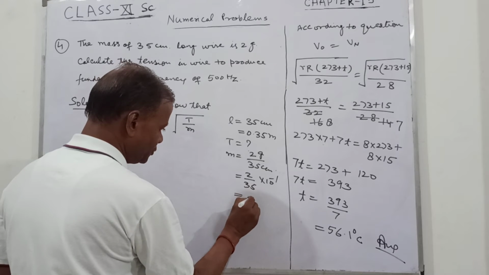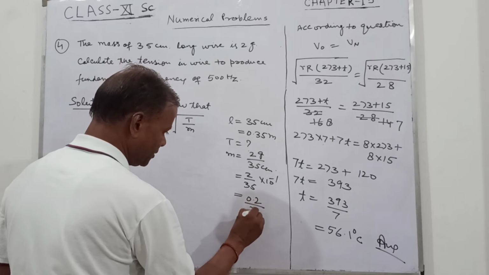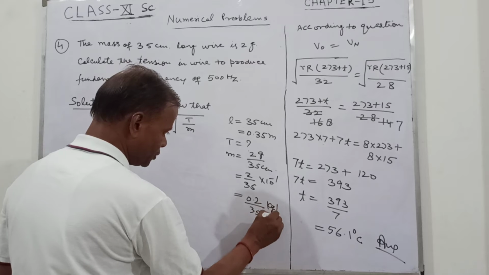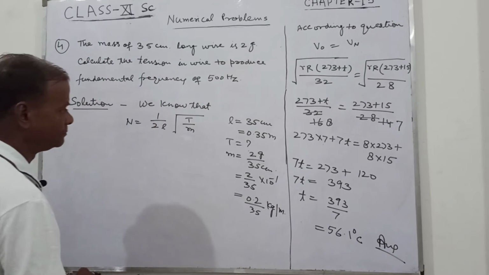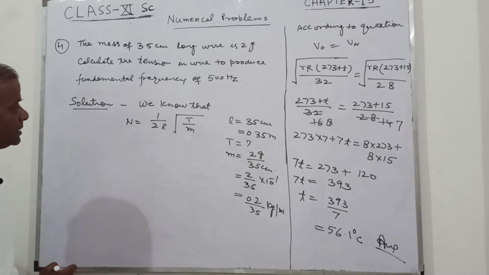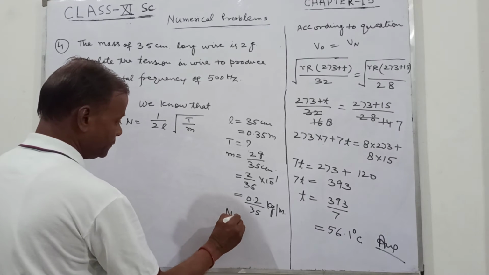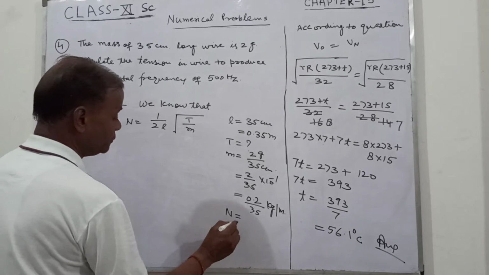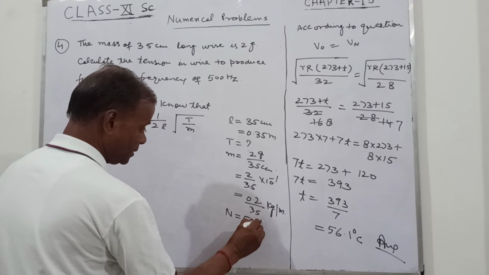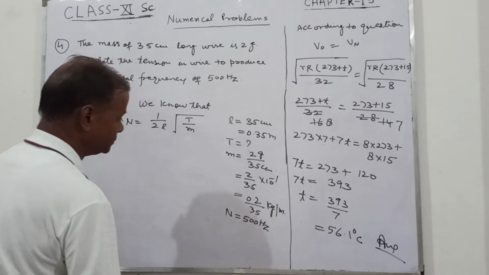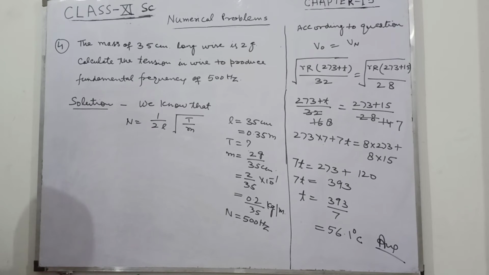So this is 0.2 upon 35 kilogram per meter. And n is given to be 500 hertz.